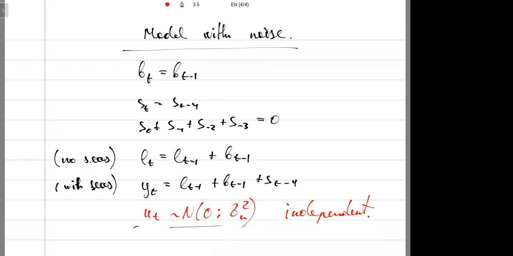For example, if some good news arrives, it may change the actual observed Y, and it may change the growth rate. It may change the current B, and it may change the current ST. So noise can influence everything.